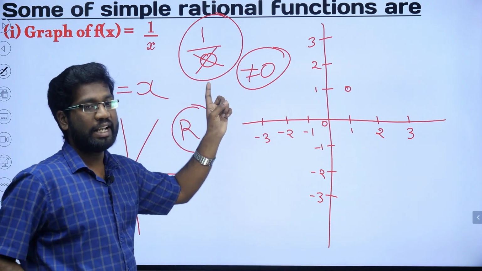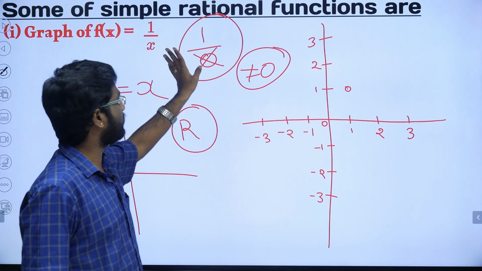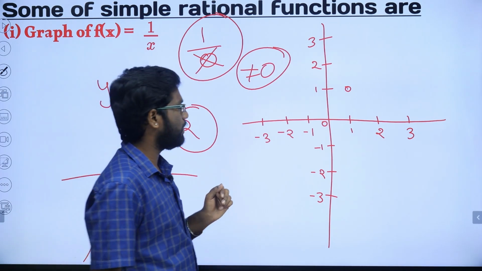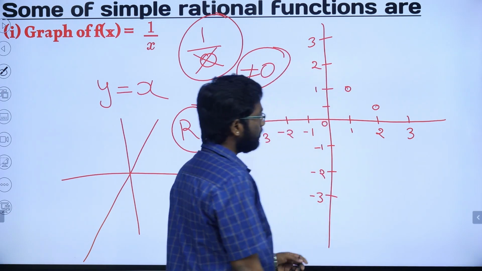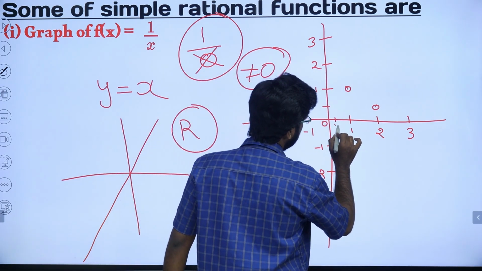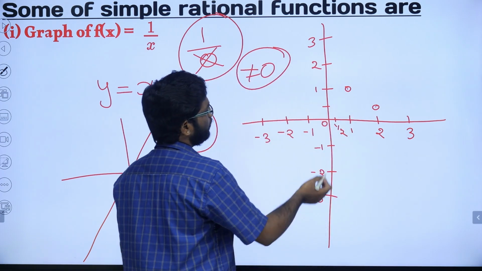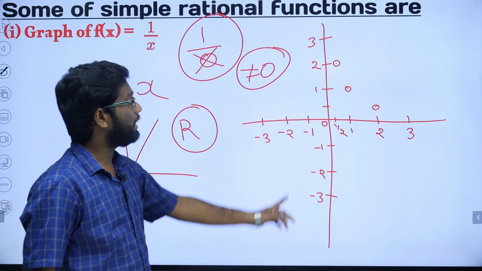I hope you can understand. For x equals 2, what will be the answer? Half, 0.5. If x is 3, it will be 1 by 3. And for x equals 1 by 2, what will be my answer? 2. If it is 1 by 3, then it is 3.